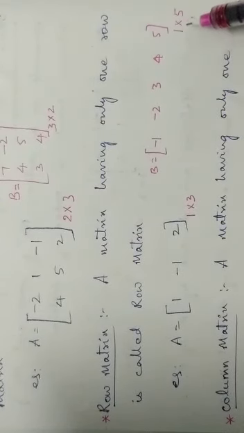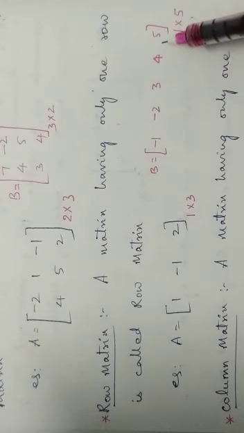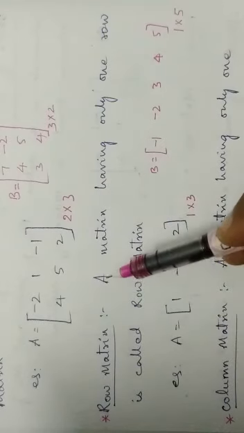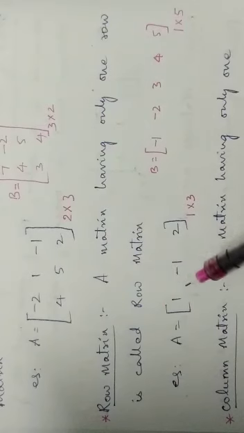Number of rows: only 1. This matrix is called row matrix. It may have any number of columns. There is no restriction on columns here. Row matrix means matrix having only 1 row is called row matrix.